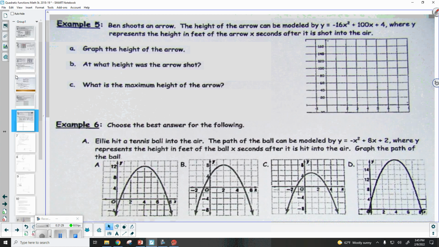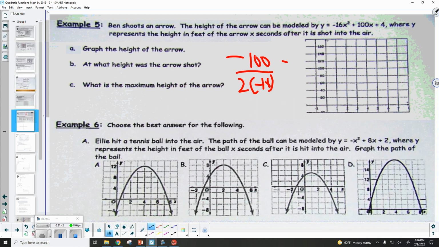Okay. So negative 16x squared plus 100x plus 4. So our x is negative b over 2a, negative 100 over 2 times negative 16. So it's 100 over 32.